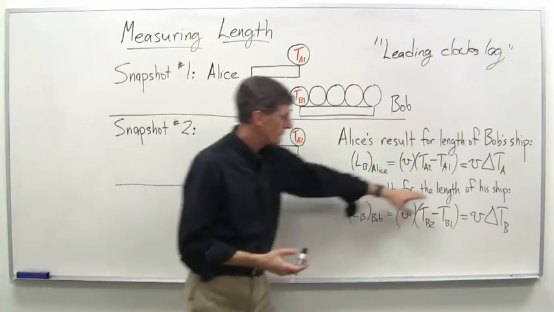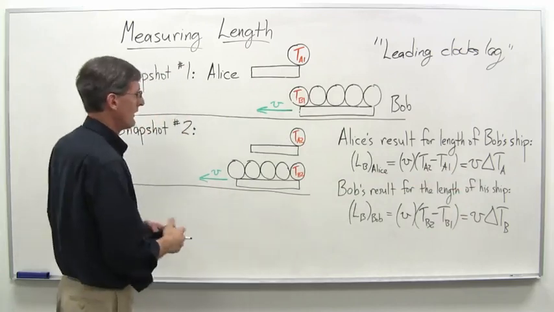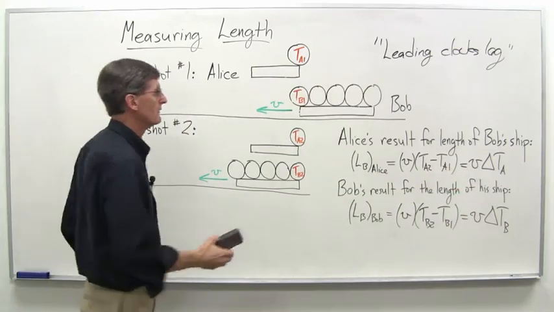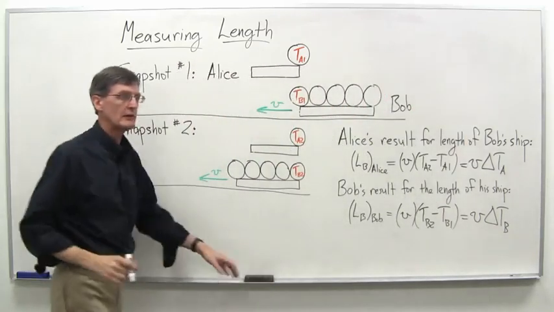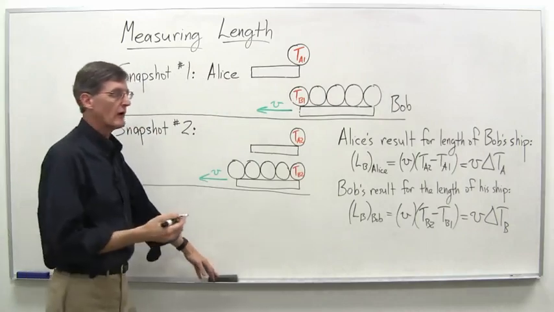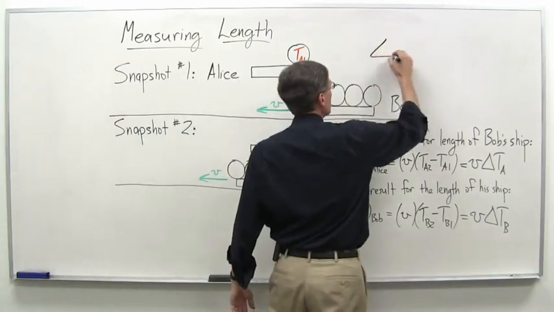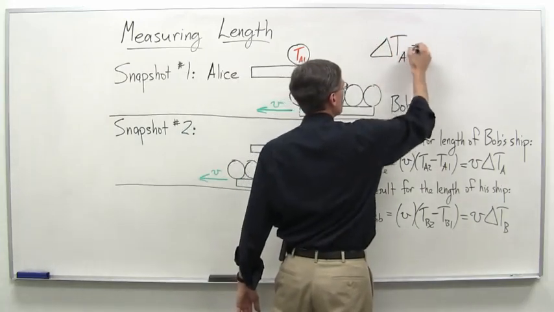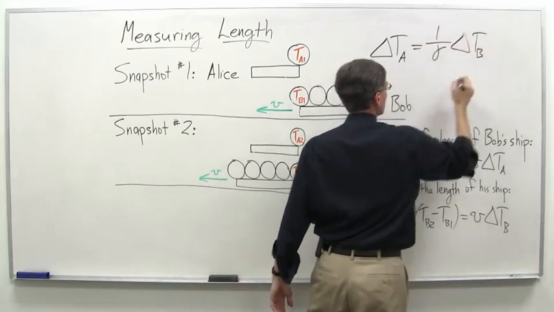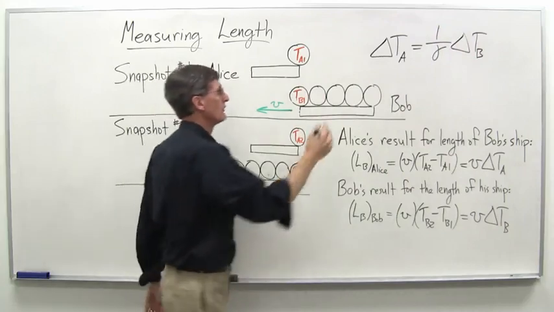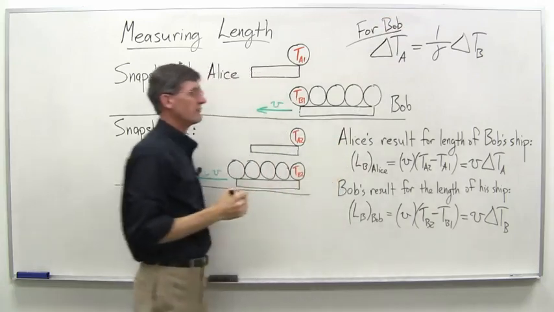So let's look at these results a little bit further, because we now can apply, let's remind ourselves up here for a second. Remember our time dilation result. From Bob's perspective, he would say the elapsed time for Alice is 1 over gamma times his elapsed time, because from his perspective, Alice is moving.